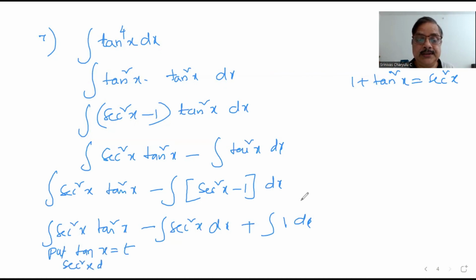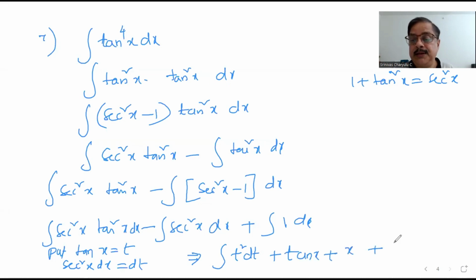Then secant squared x dx will become dt. Then this one, integral secant squared x will become tan x. This is x. Only the first one. This all implies now integral t square dt. Then next integration, directly you write integral secant squared x as tan x. Next is x, all plus c.